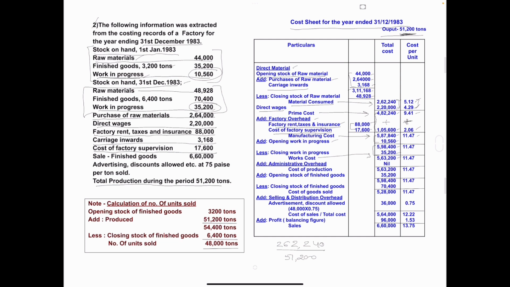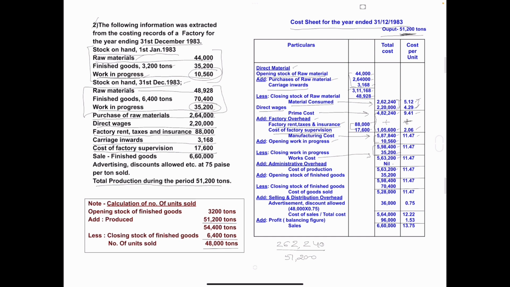So leave this, write nil here, and the amount will be the same, 5,63,200. In that we have to add opening stock of finished goods and less closing stock of finished goods.